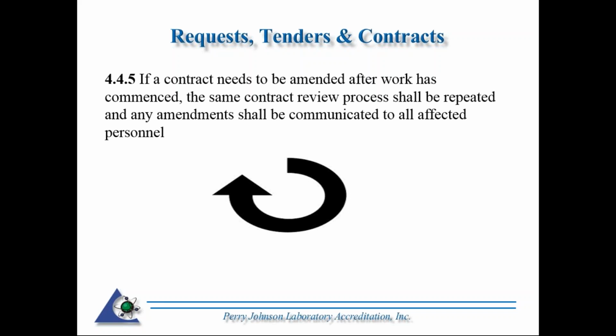So for whatever reason, if either party decides there needs to be a change made to the contract, the process needs to be repeated. The review, the request, the tender, and the contract, all phases would need to repeat themselves, emphasizing, of course, what needs to be amended from the initial contract.